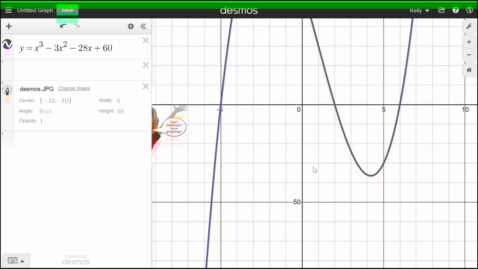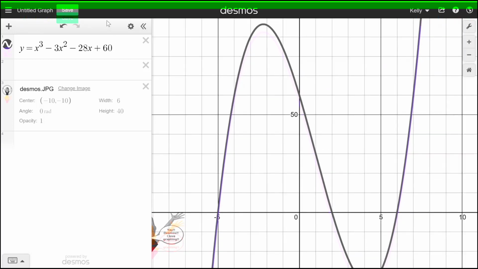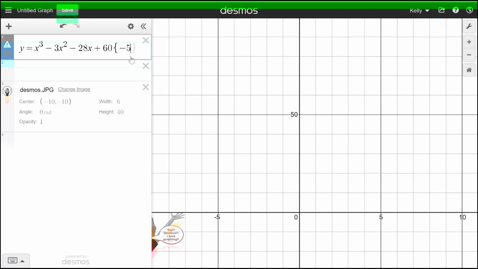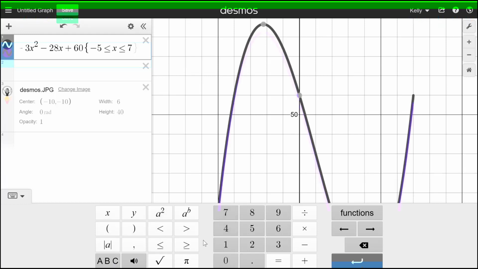Now, the question first wants the domain set. This is the way you do this with Desmos. You do a curly bracket, and then you set it as negative 5 is less than or equal to x, which is less than or equal to 7, because that cuts off parts of the graph.